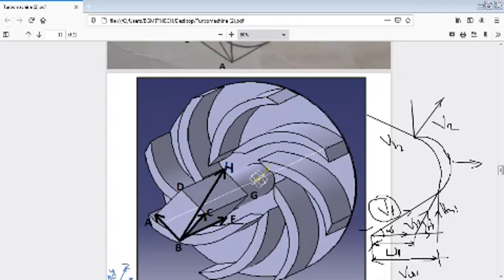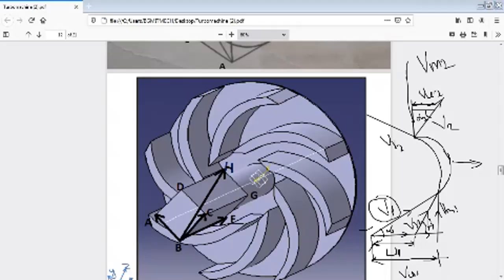One more component, the axial component, is neglected here. So I will draw this tangential component up to this. This is the tangential component. So this is V2, and the angle made by this absolute velocity at the outlet side is alpha 2. And this is the radial flow component, as V1 had Vm1, so this is Vm2.